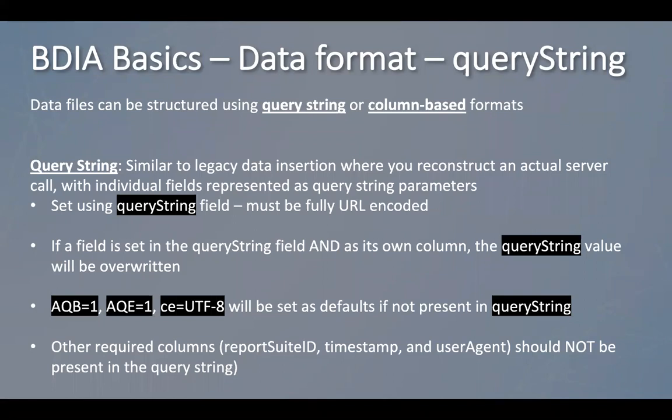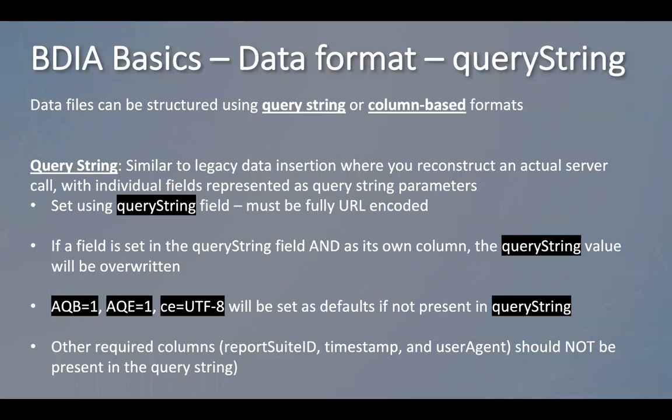So when we used this, we just went with the regular column-based format, and I'm assuming a lot of folks would do that as well. But if you do have automation or some legacy code that you used with the 1.4 API, that should be pretty easily translatable to the new bulk data insertion simply by using that query string field.